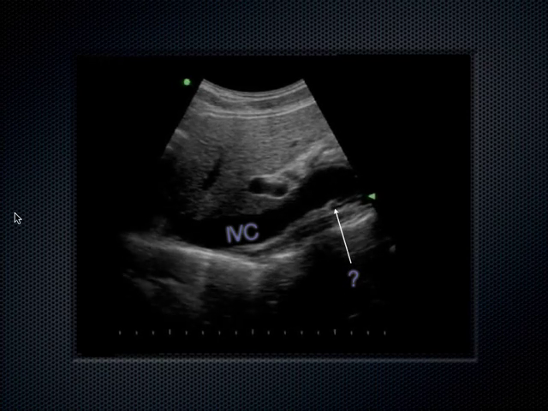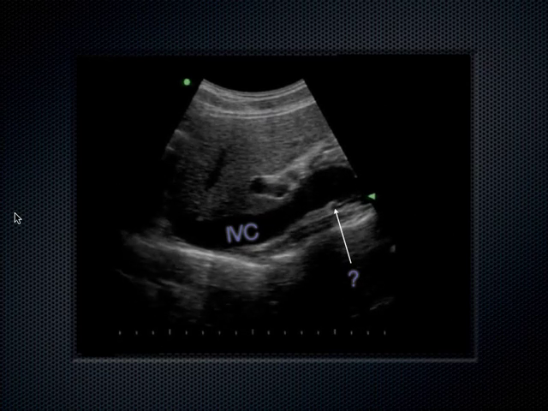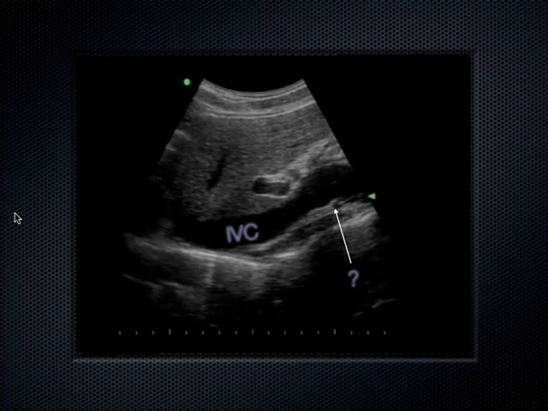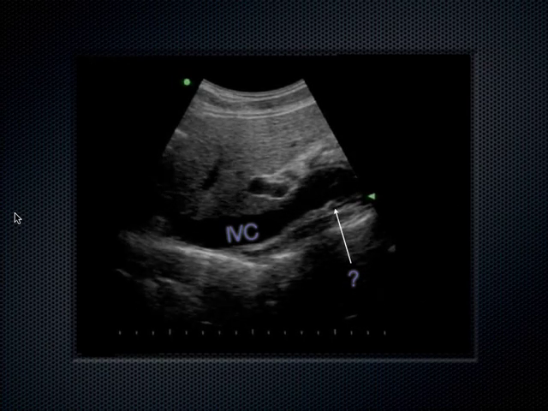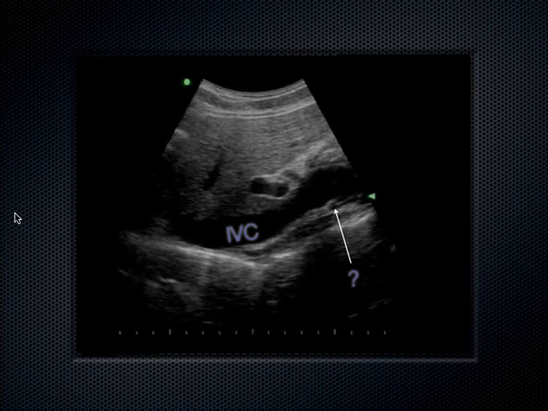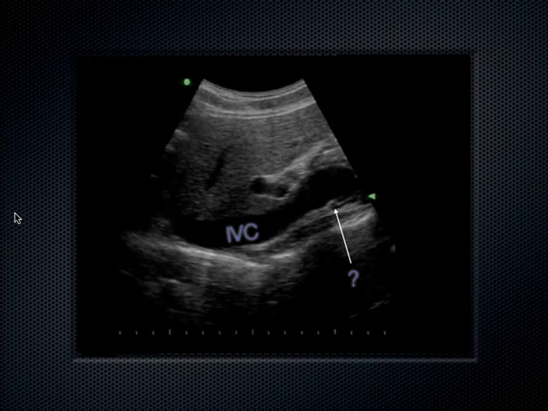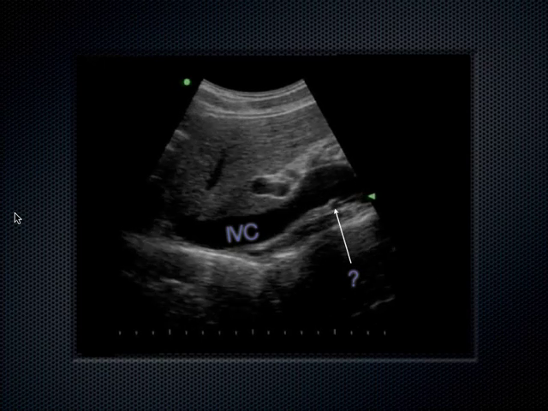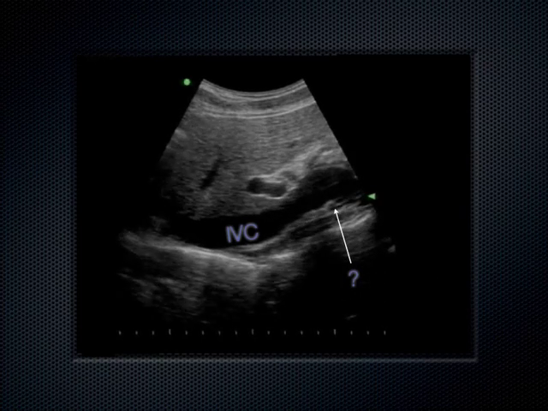Another reason why I like the transverse view better, because I can see at the same time on the transverse view both IVC and aorta together. Sagittal, you only get to see one or the other. So it's very possible to mistake the IVC for the aorta and say it's normal. Another good reason to go transverse. But anyways, this is the IVC, because I see the liver everywhere.